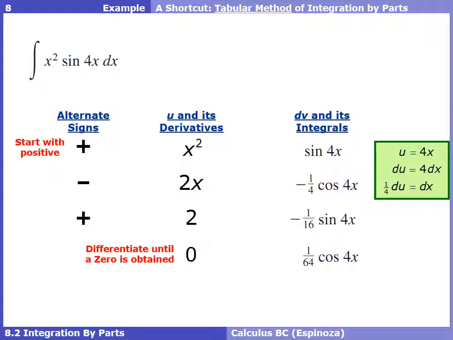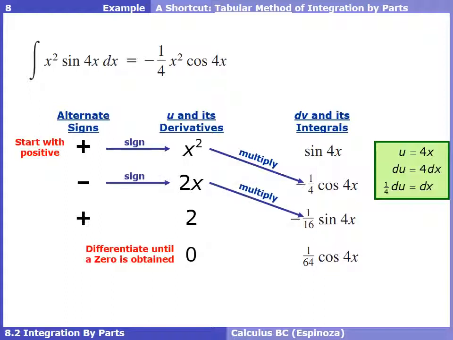Once we have all that, it's just a matter of making this mess turn into our final answer. So again, the way we get our answer is we go across and then multiply down. It's going to be positive x squared times all of this. And if you make it look nice, I'm going to put that negative 1/4 in the front, and then the x squared cosine 4x. Again, we're going to go across and multiply down. It's going to be negative 2x times negative 1/16.